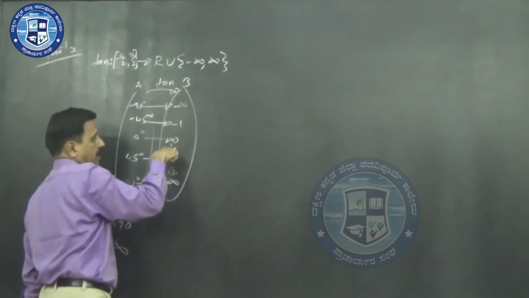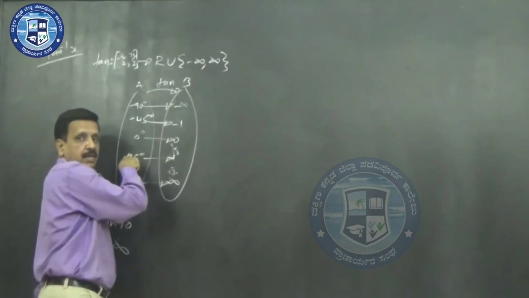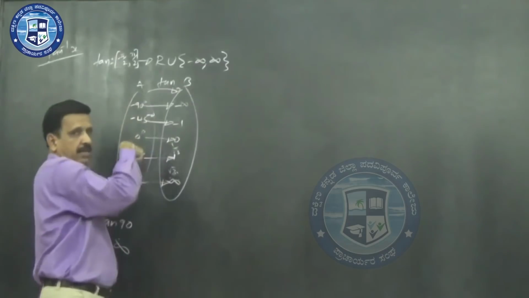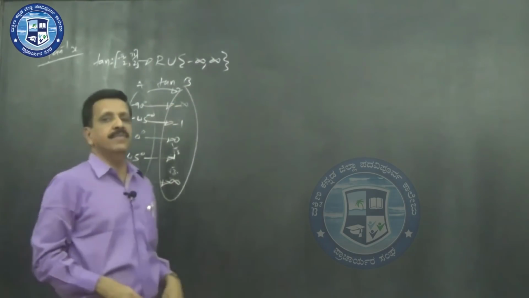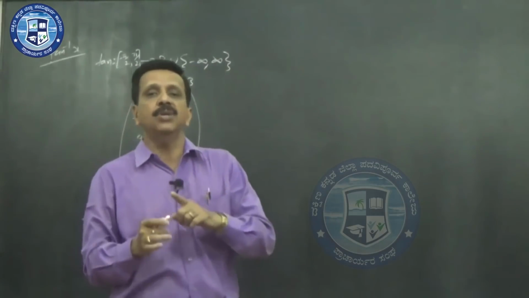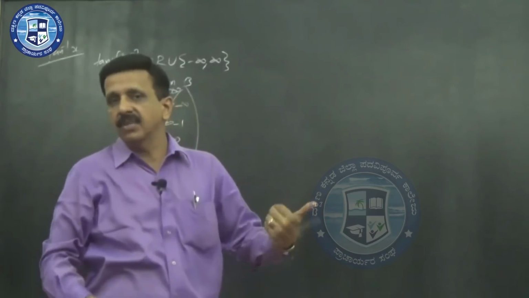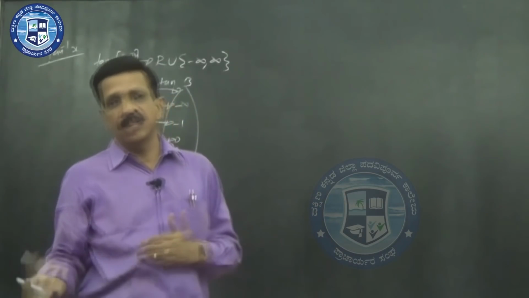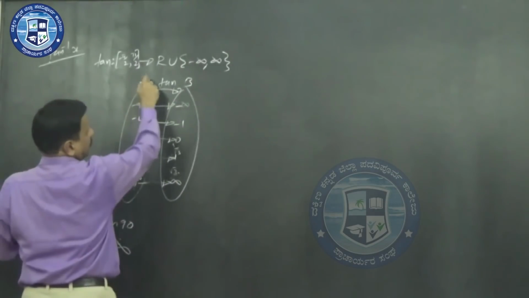It's a real number. 1 by root 3 is the image of 30 degree. And this is not the image of any other element, hence it is 1, 1. And any value between minus infinity and plus infinity if you take, that is the image of one element of set A. No element of set B is left out, it is onto. 1, 1 as well as onto, hence it is bijective. So inverse exists for this.